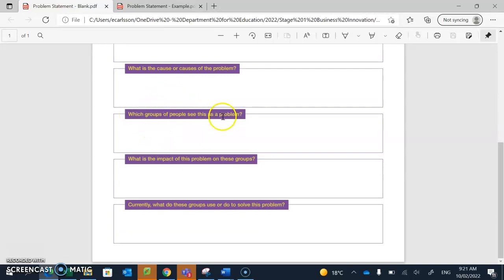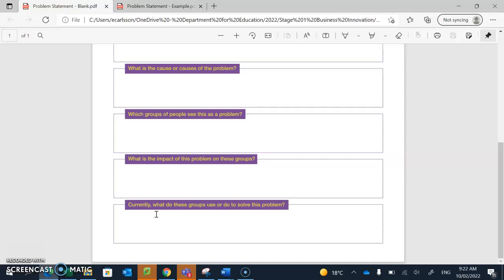So what are your customers or what are your groups of impact and what is the actual impact on them? And currently, what do these groups use or do to solve this problem? Some of your problems might not be currently solved, but a lot of them already have solutions. Doesn't mean that you can't create another modified, better solution to that problem.